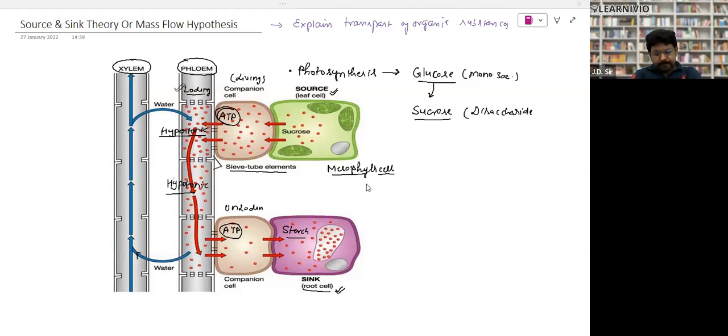Formation of food takes place in the mesophyll cells by the process of photosynthesis, in the form of glucose. Full stop.